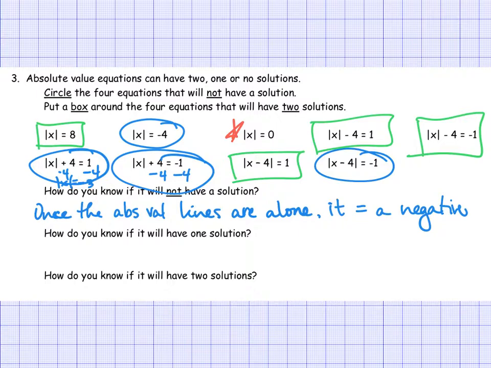I know it's going to have one solution if, and I'm just going to say once the absolute value lines are alone, so I'm just dashing all those. In that case, wow, that was messy. Comma, it equals 0. And it will have 2 solutions if it equals a positive once the absolute value lines are alone.